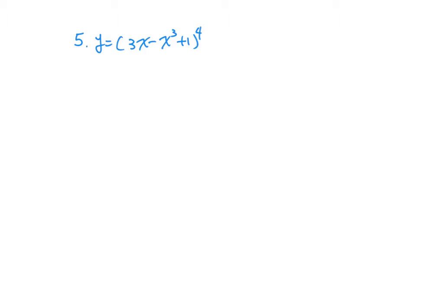This one's just a simple chain rule. So the derivative equals 4(3x minus x to the third plus 1). You reduce the power by 1, so it becomes a 3. And then you have to multiply the stuff inside, which is 3 minus 3x squared, and that's equal to 0.